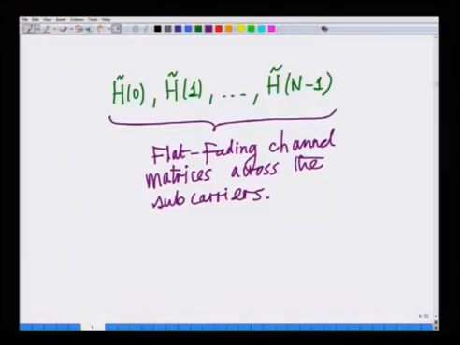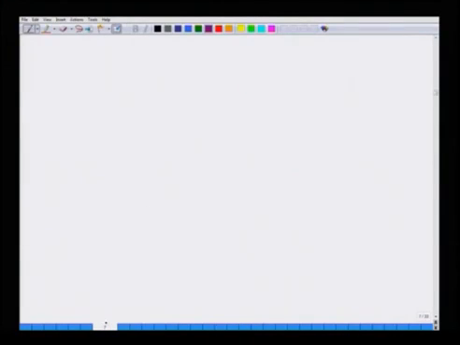To make it more specific, let us look at the uvth element, that is the u comma vth element of matrix H tilde 0, H tilde 1, and so on.